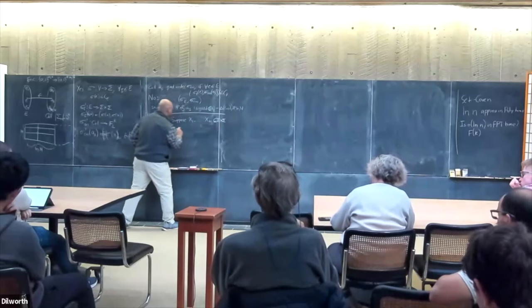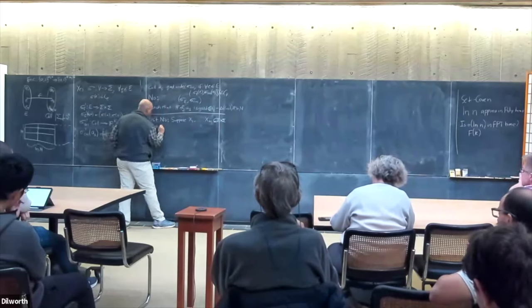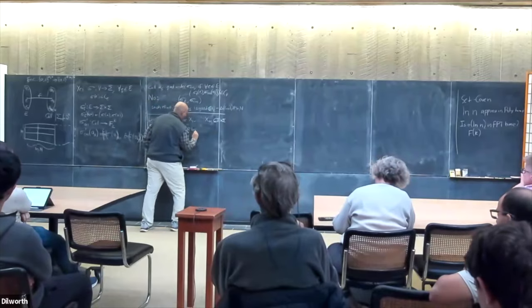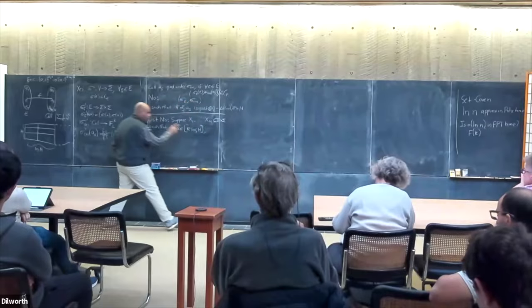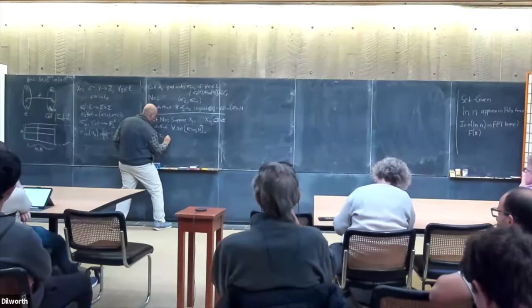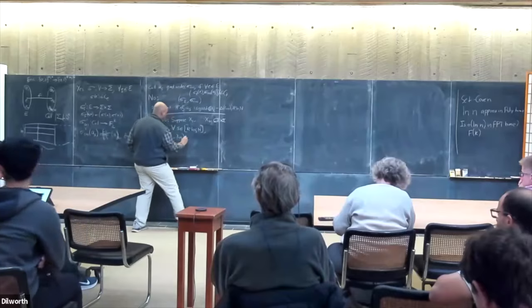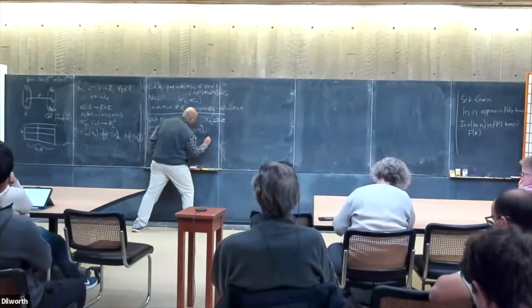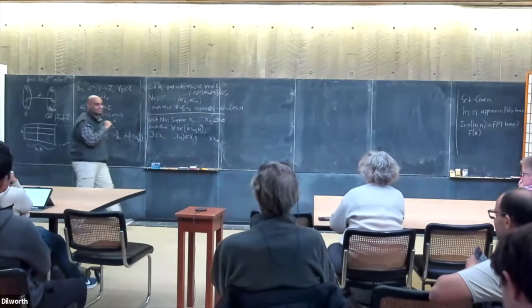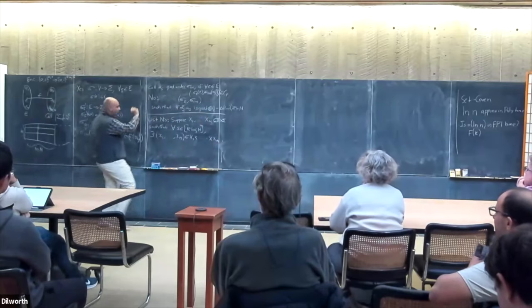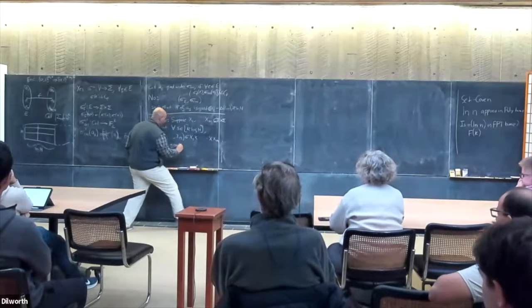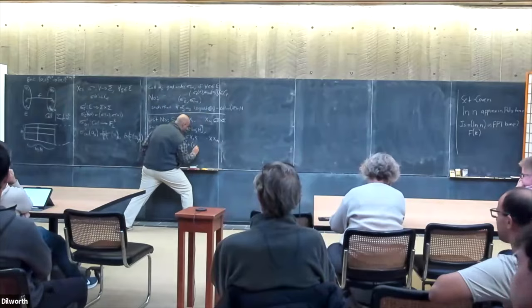X1 to xn such that for all s in R log n, so for every right variable, there exists one labeling such that AS is good with respect to x1 to xn.